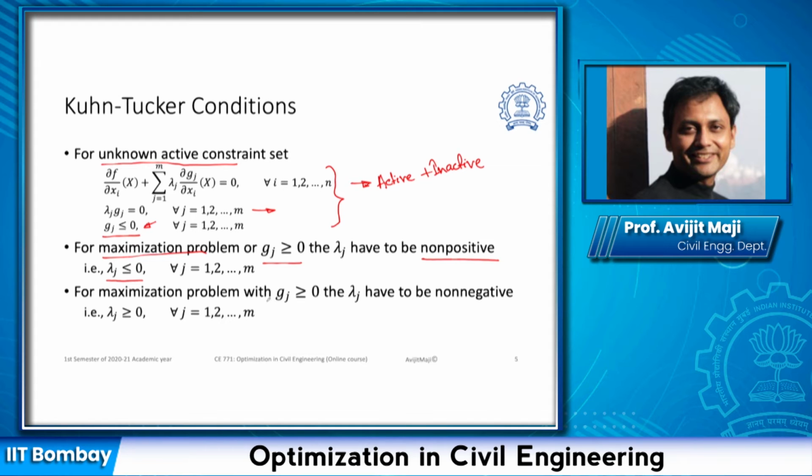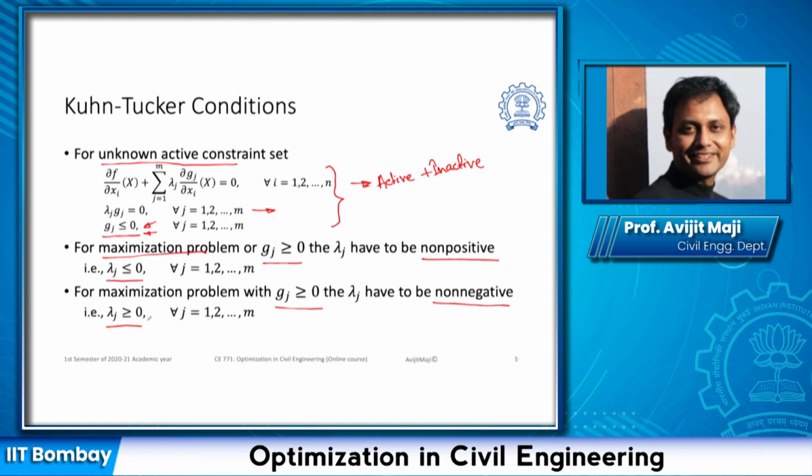In the other case, if it is a maximization problem, and my constraints are greater than or equal to 0 instead of less than or equal to 0, then it is going to be non-negative, which is equivalent to the minimization problem. The lambda values were supposed to be greater than or equal to 0. So we are saying in this case greater than or equal to 0, or non-negative.